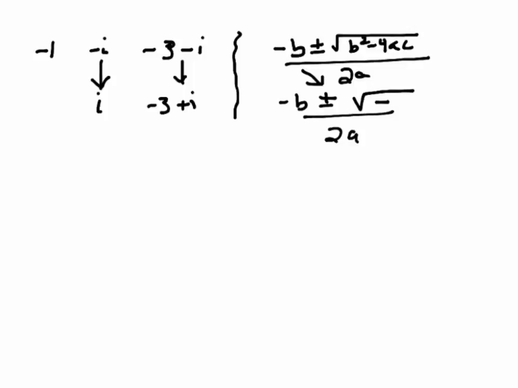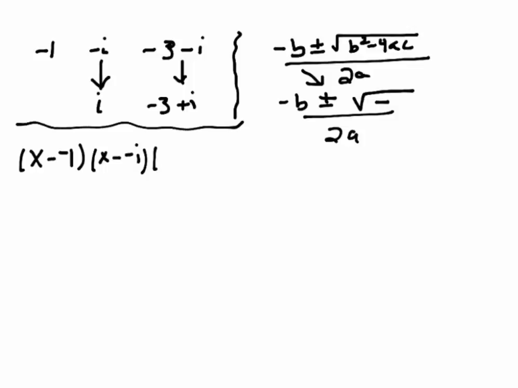All right, so going back over here now on this side, if you have a 0 at -1, that means you have a factor of x minus -1. If you have a 0 at -i, you have a factor of x minus -i. And because of the conjugate, you'd also have one at x minus a positive i.